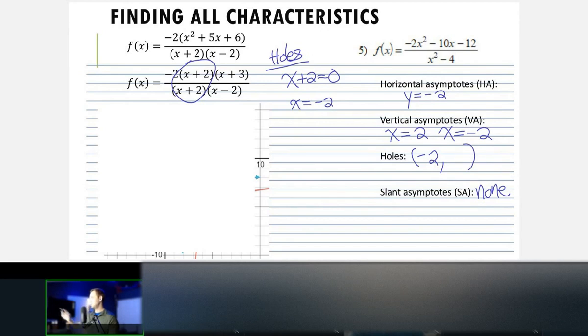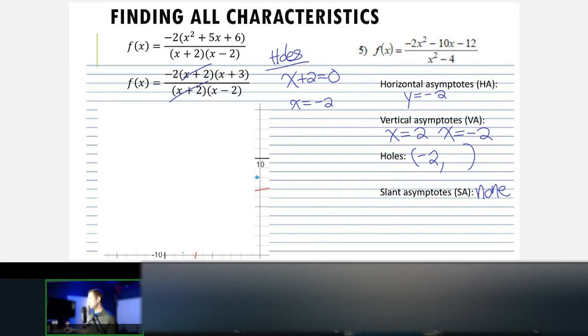And then what we need to do is plug this negative 2 into the reduced function. So let me just erase this. We already said, remember, these can cancel out, right?